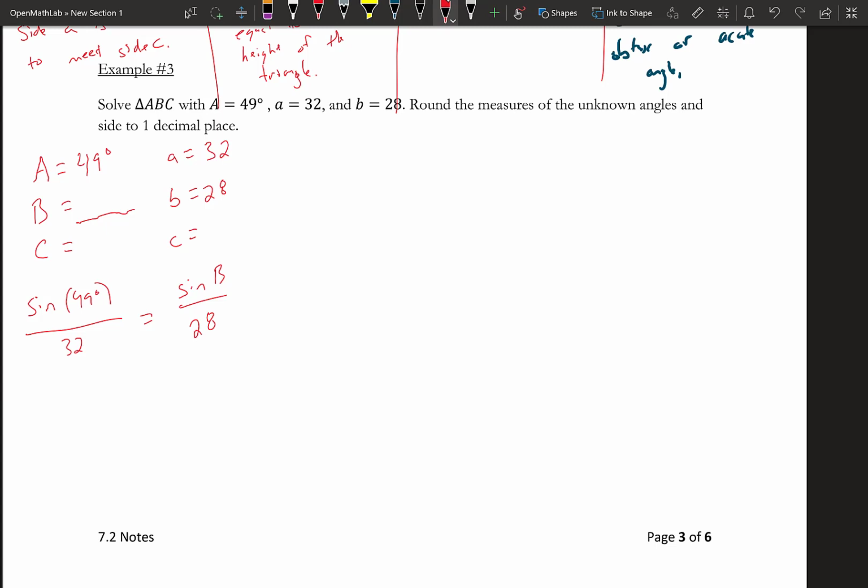I'm just trying to solve for B, so I'm going to get sine of B by itself. So sine of B would be equal to 28 times sine of 49 degrees, all divided by 32.